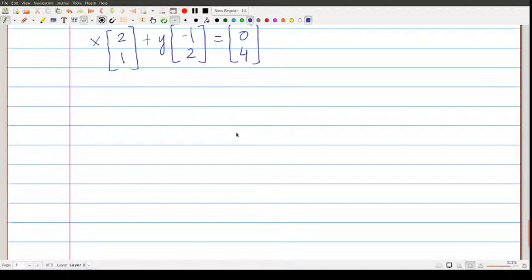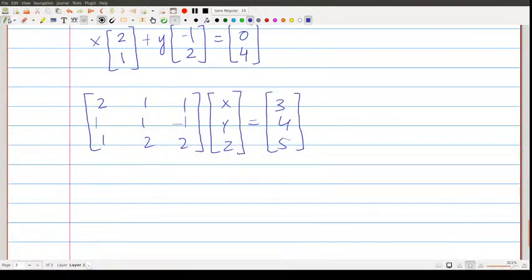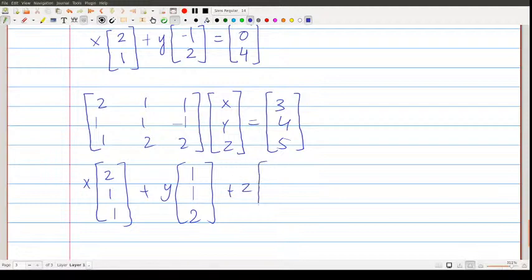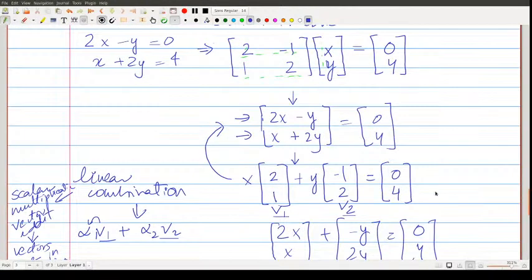If I want to do that in a 3x3 system, I can now write x times the first column. So this is in linear combination form: x times (2, 1, 1) plus y times (1, 1, 2) plus z times (1, -1, 2). This is essentially another way of doing matrix vector multiplication: you take these linear combinations and add them together. You will get the same result that you get when you do simple row by column multiplication.